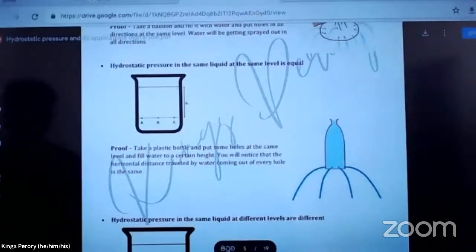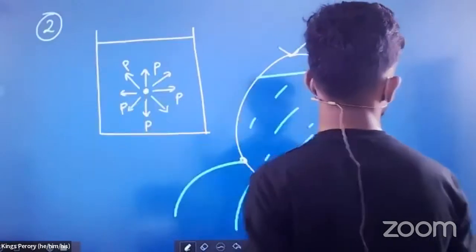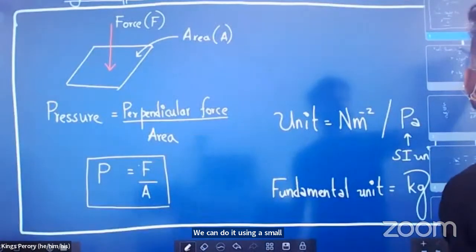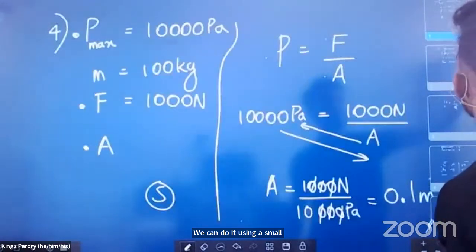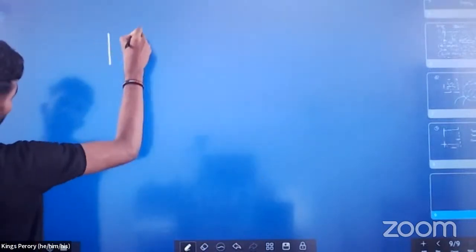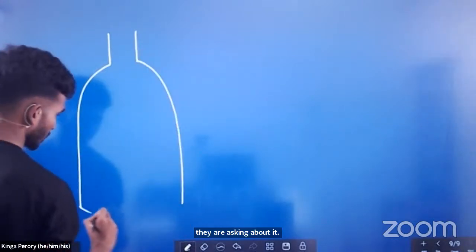We can prove it using a small experiment. Take a plastic bottle. You would have done this in your grade 1 or grade 2.